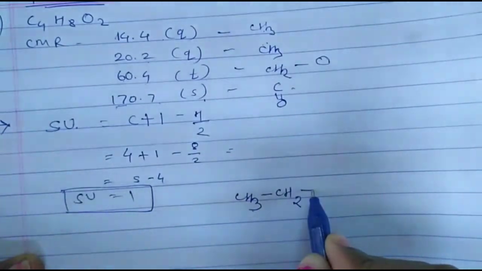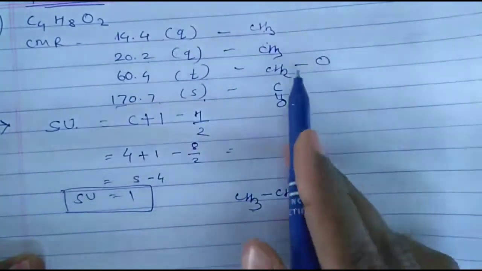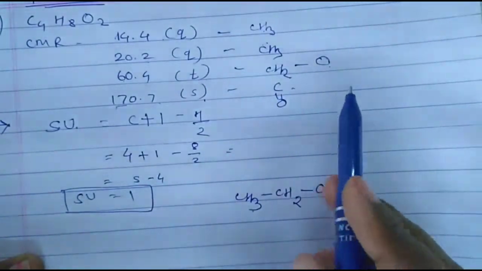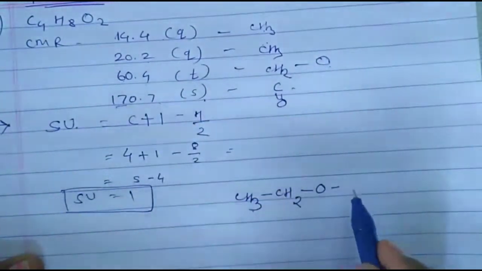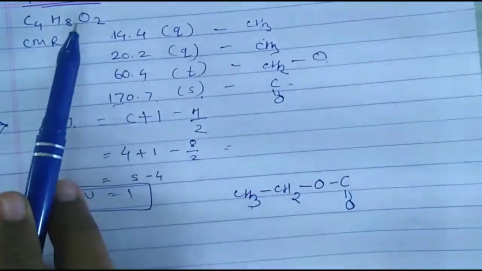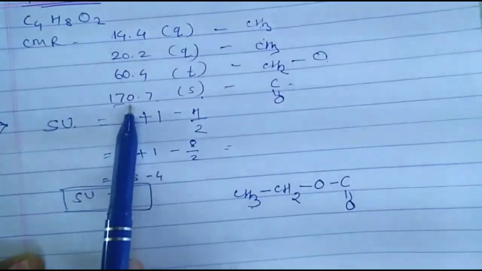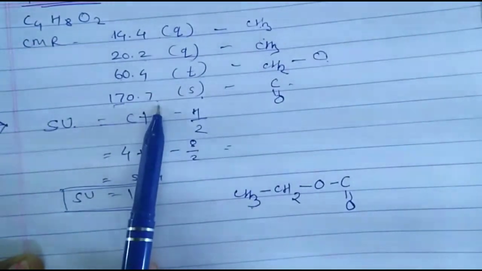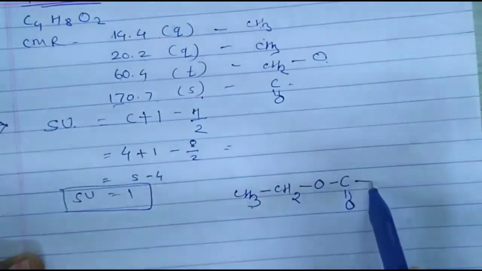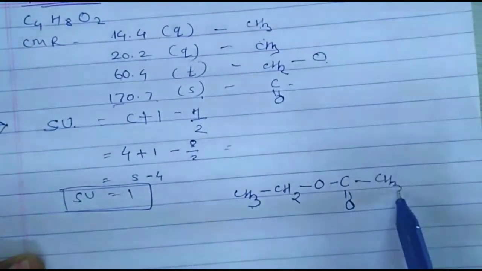CH2 has a higher value, that's why it is attached to an electronegative atom in this manner. Then there is another carbonyl carbon, because there are two oxygens, that means this 170.7 is the value of the carbonyl carbon of an ester, that's why this is the ester. And near to that there is CH3.